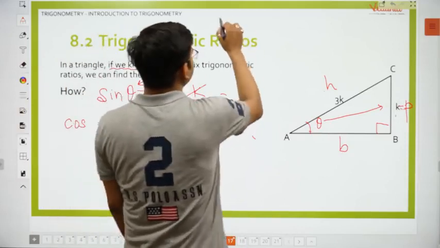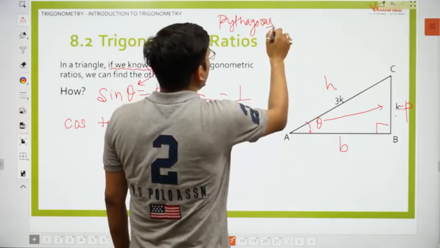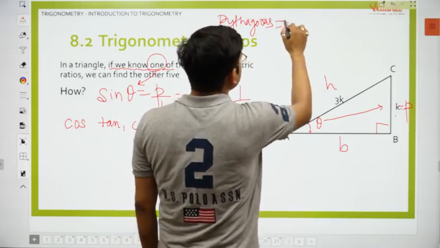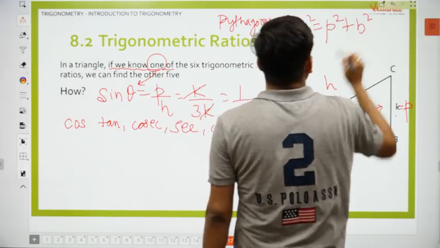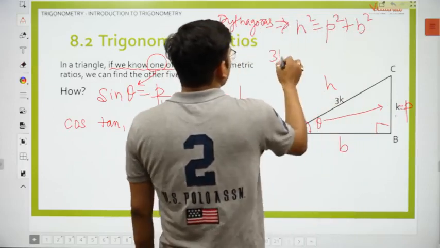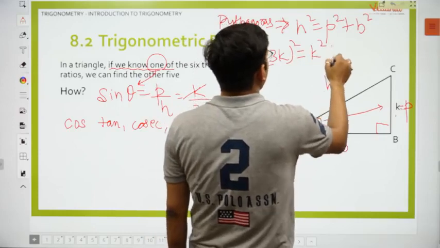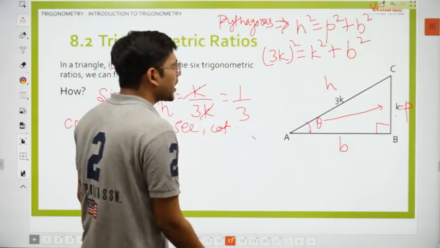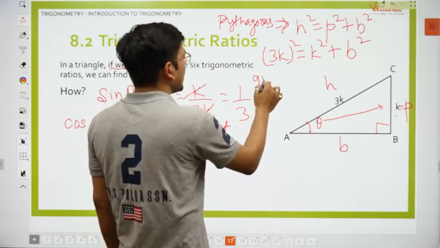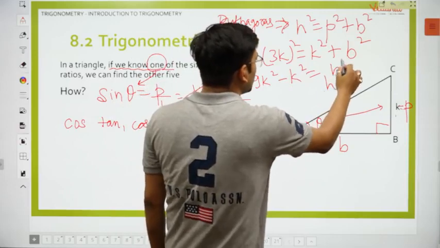I'll tell you. Pythagoras theorem, you would have already studied it. Pythagoras says hypotenuse square is equal to perpendicular square plus base square. Hypotenuse here, 3k whole square, is equal to perpendicular k square plus base b square. Now what can we do? 3k whole square is 9k square. This k square comes here as minus k square is equal to b square.